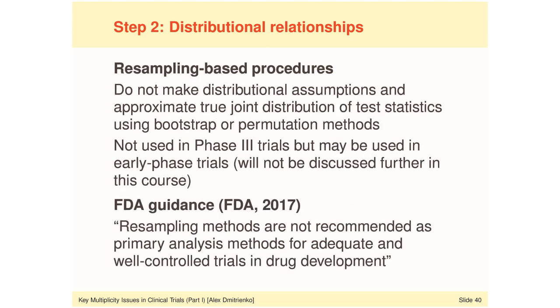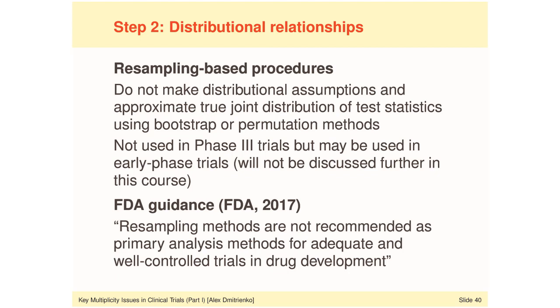I would like to very quickly mention that in addition to nonparametric, semiparametric, and fully parametric procedures defined earlier, it will be worth mentioning the class of the so-called resampling-based procedures. These procedures do not make explicit distributional assumptions, and what they rely on are certain approximations to the true joint distribution of the hypothesis test statistics.